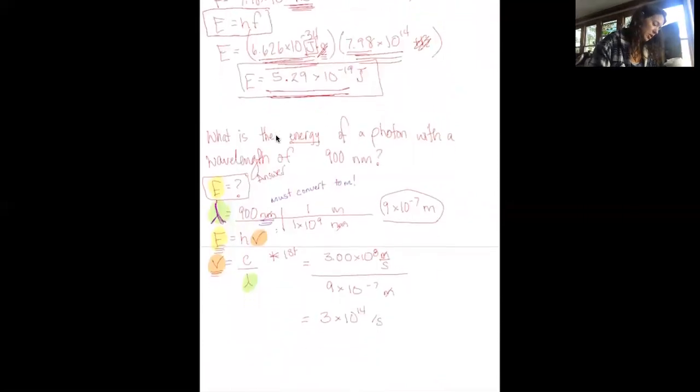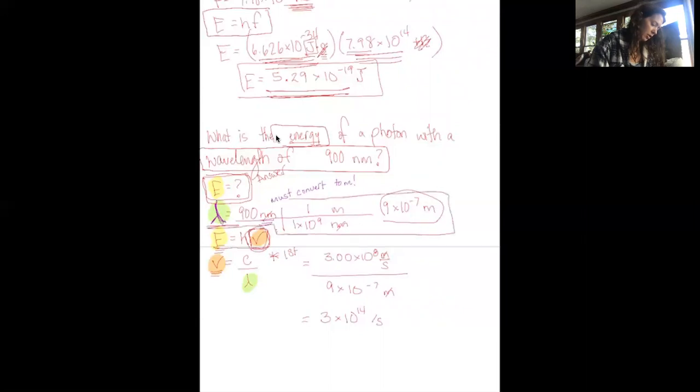We then had a question that asked for the energy, which I did not finish, of a photon with a wavelength of 900 nanometers. We said we need the energy. In order to get the energy, we need the frequency. Well, I don't have the frequency, but I have the wavelength.